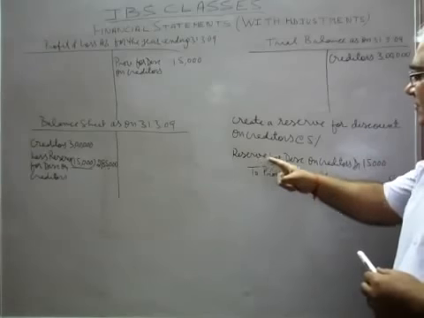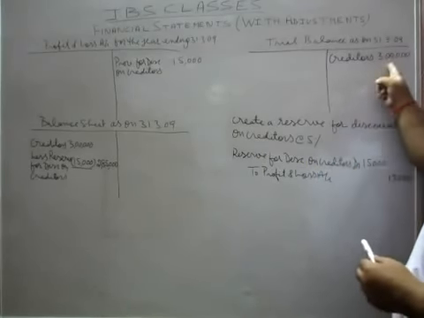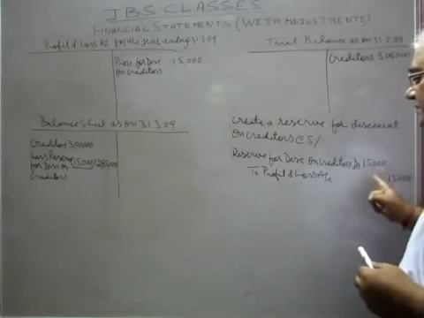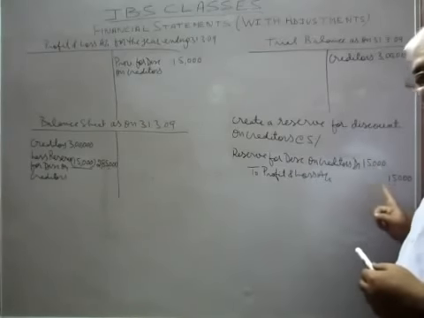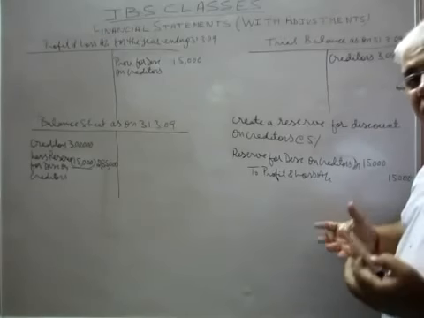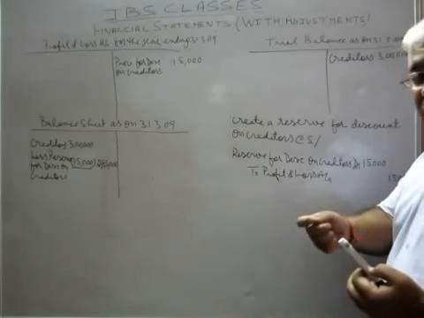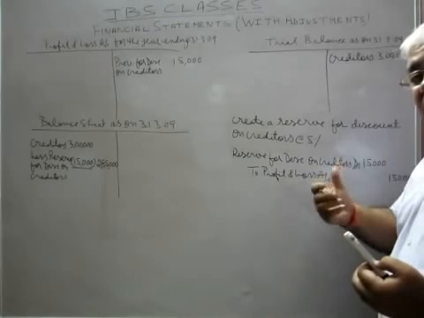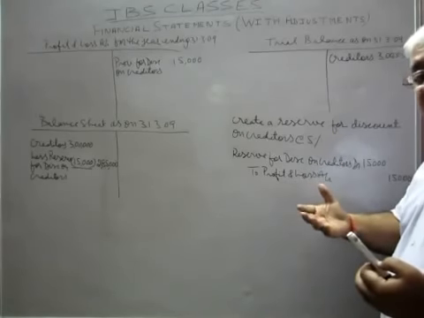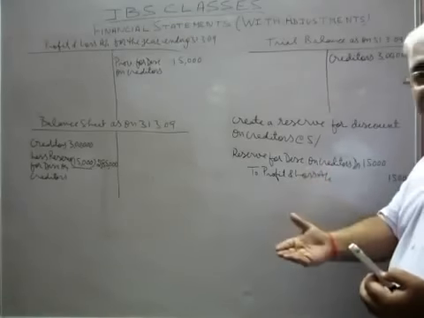It will be reserve for discount on creditors, that is 5% of 3 lakhs, 15,000, to profit and loss account, 15,000. This practically means that you have credited this year's profit and loss account with rupees 15,000. This is the assumed amount which you will receive next year from creditors when you make payment to them.